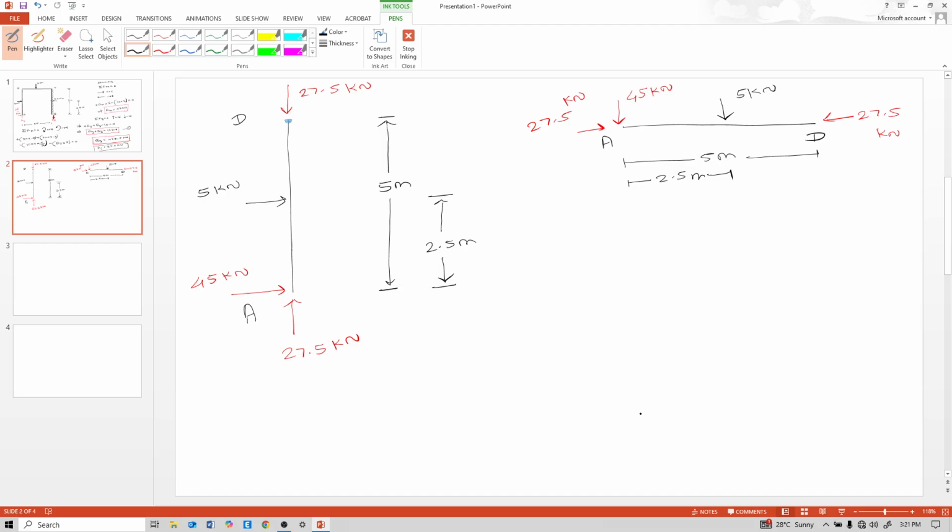Now SFD. This is 45 kilonewton. See, like this. This is downward, so minus 45 kilonewton. Unit is kilonewton. Between this portion, no load. So see, no load.